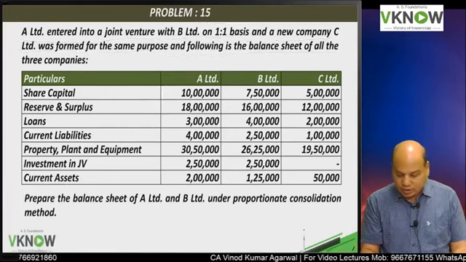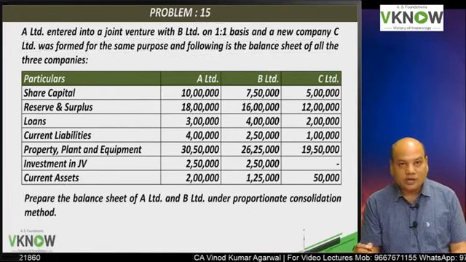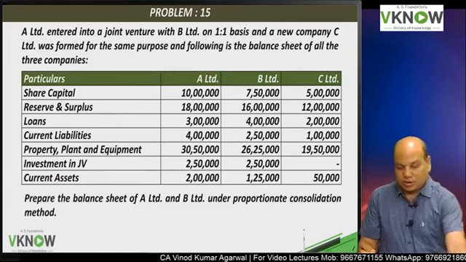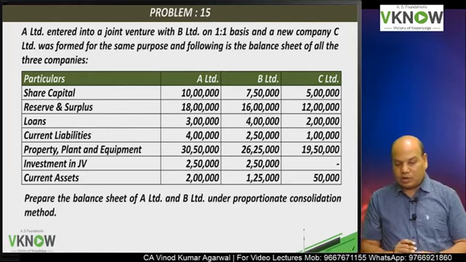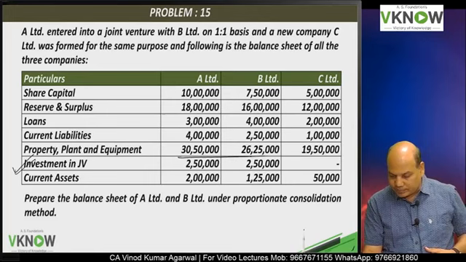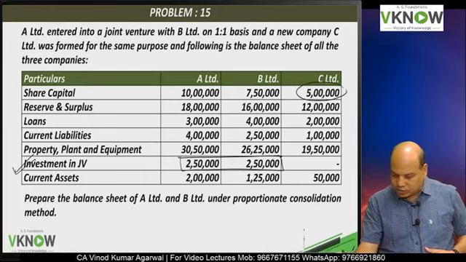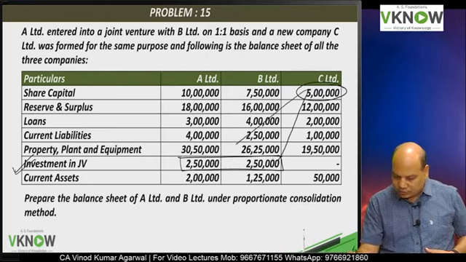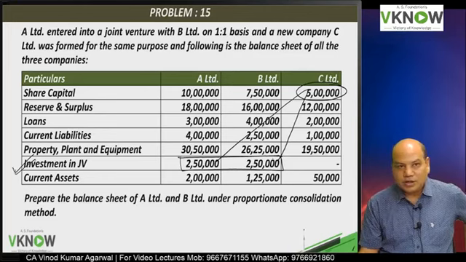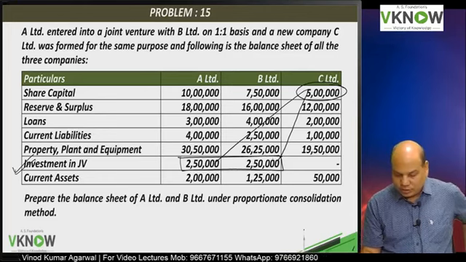The following is the balance sheet of all the three companies: A Limited, B Limited, C Limited, share capital, reserve and surplus, loan, current liability, and then it says property, plant and equipment, investment in JV. And this is the share capital 5 lakh. So both venturers have contributed 2,50,000 each.